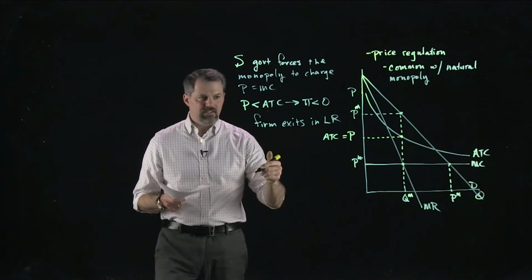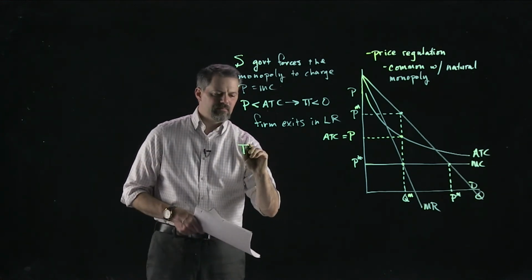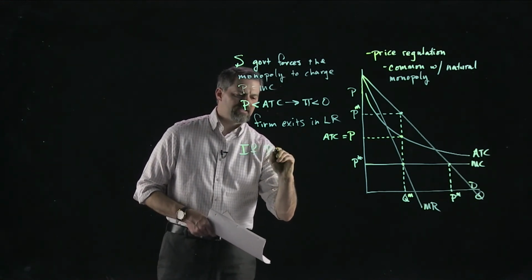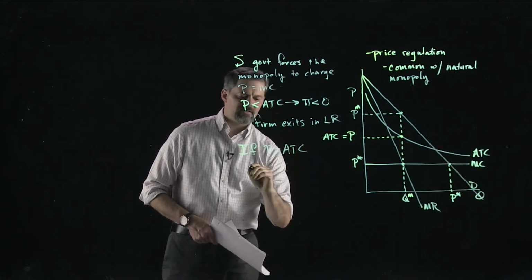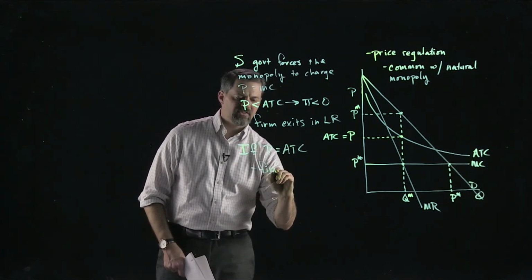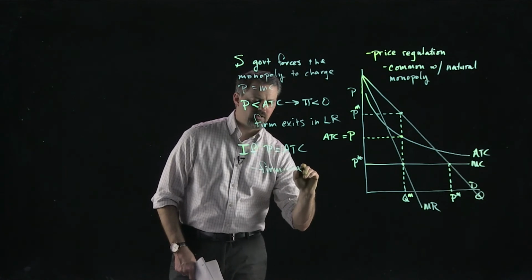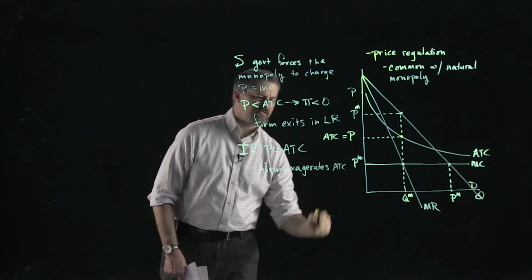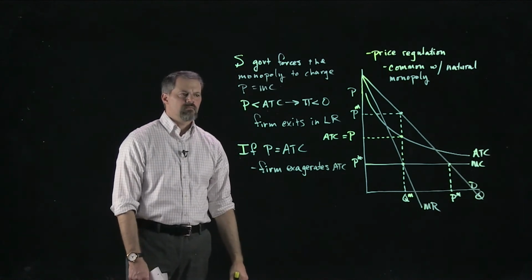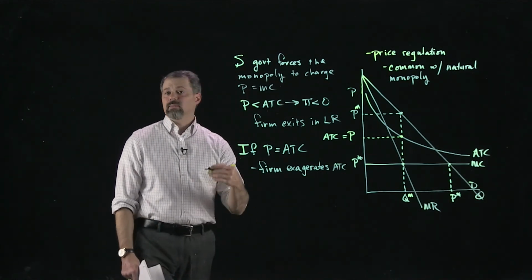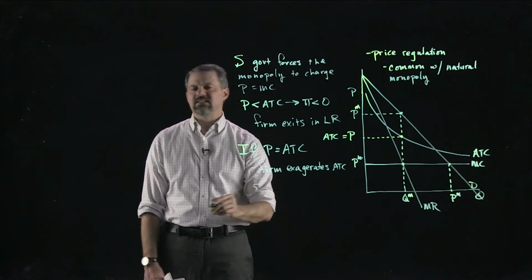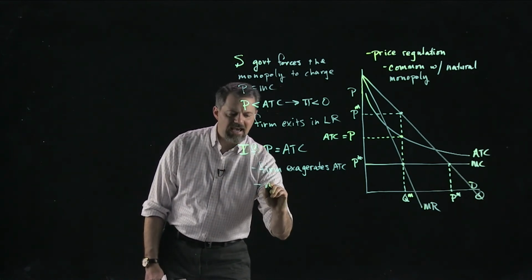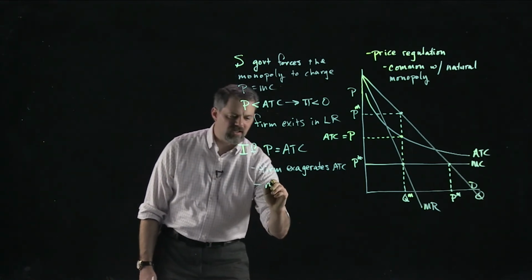The other problem is, so if price is set to equal average total cost, the firm has an incentive to exaggerate its average total cost. So the firm exaggerates average total cost. The other problem is that the firm has no incentive whatsoever to actually be responsible with its costs.